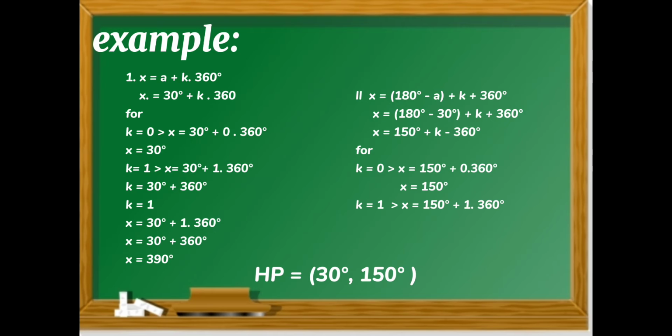Then we take k equals 1. The relation is x equals 150 degrees plus 360 degrees, so x is equal to 510.